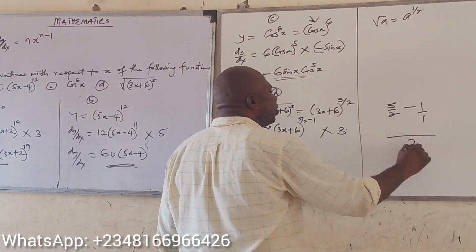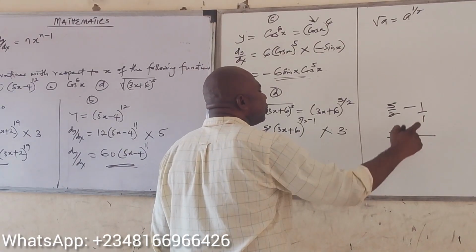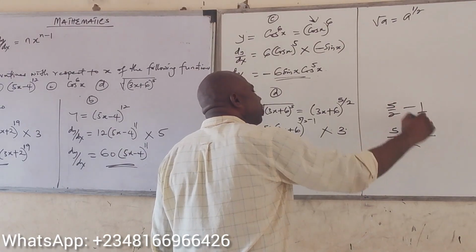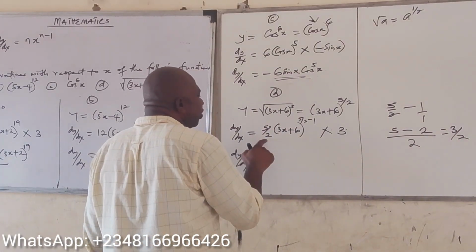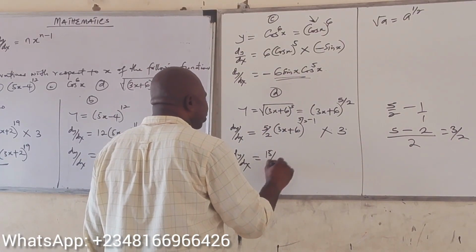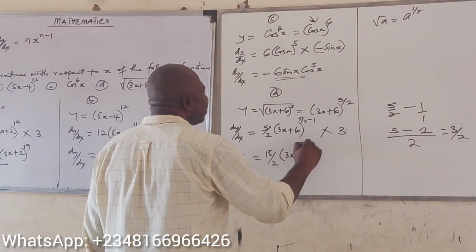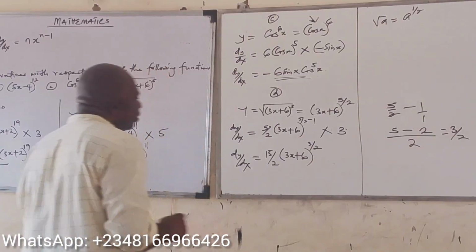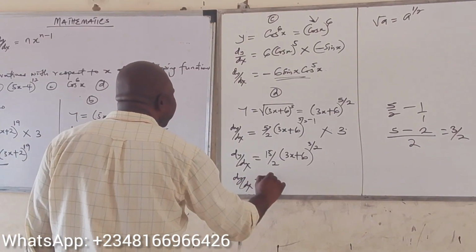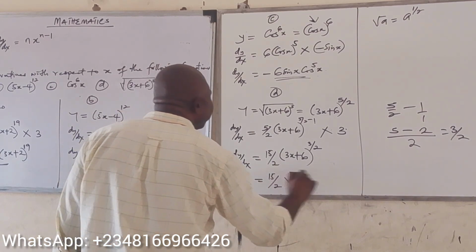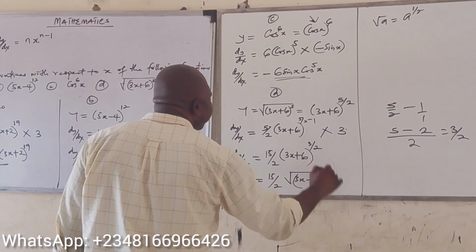The LCM of 2 and 1 is 2. 2 into 2 is 1, 1 times 5 is 5, minus 1 into 2 is 2, 2 times 1 is 2. So now it gives us 3 all over 2. So it means this will be 5 all over 2 times 3, that's 15 all over 2, in brackets we have 3x plus 6 raised to the power of 3 all over 2. This can also be expressed as dy/dx equal to 15 all over 2 times the square root of 3x plus 6 all raised to the power of 3.